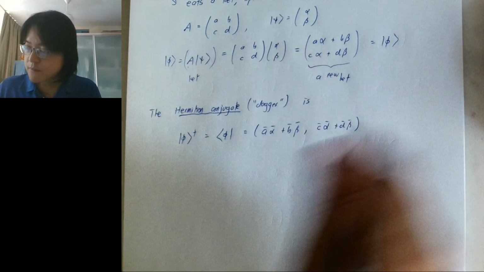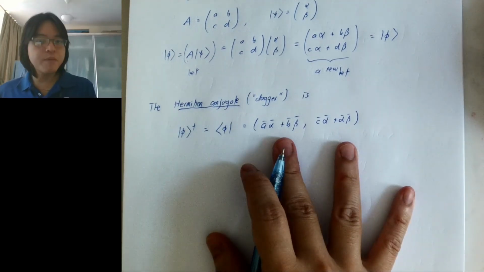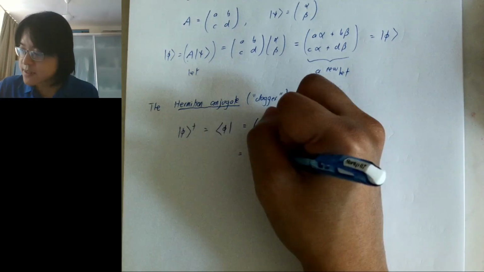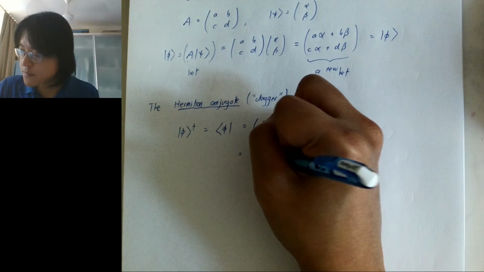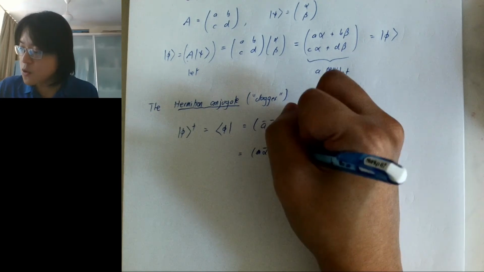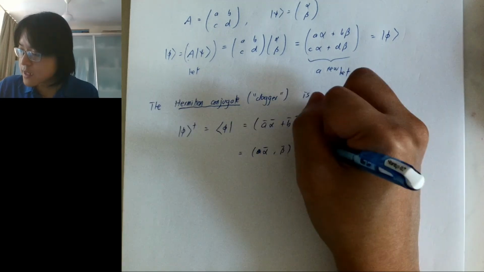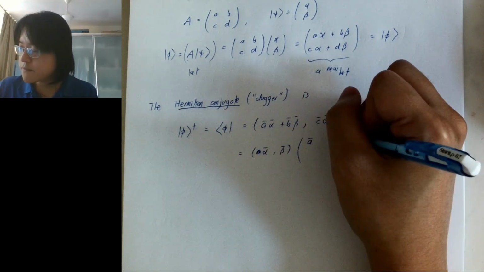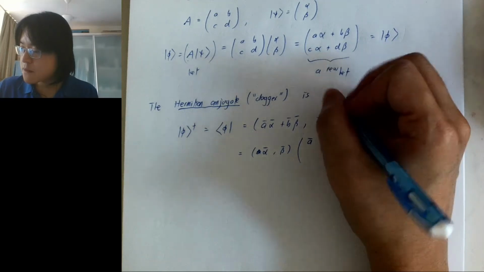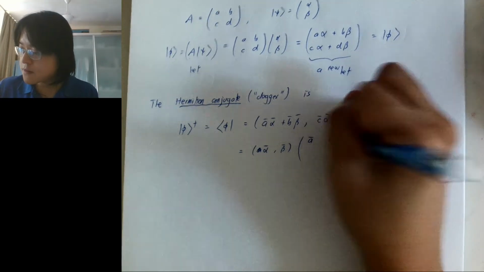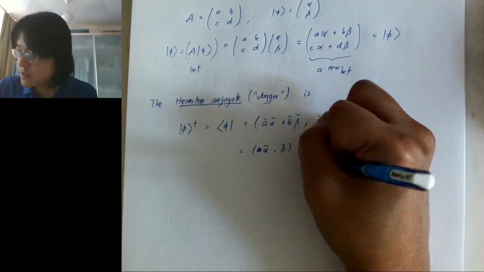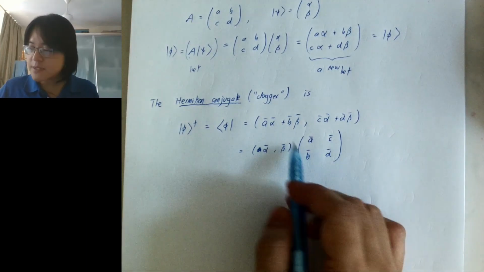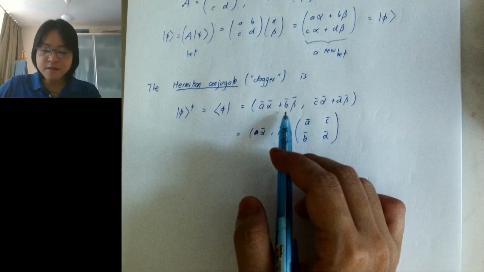Okay, but actually if you think about it, this is also a result of a matrix multiplication. This is like taking this row vector and multiplying it with this column vector. So A bar, C bar, and then B bar, and then D bar. Right? So if you multiply it, you get this correct combination.